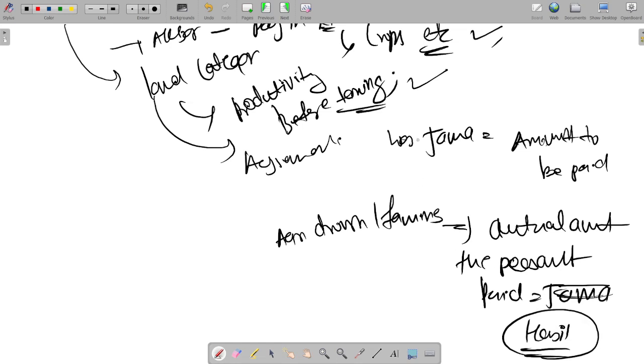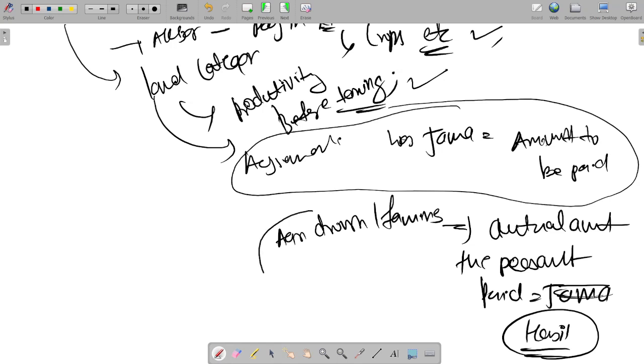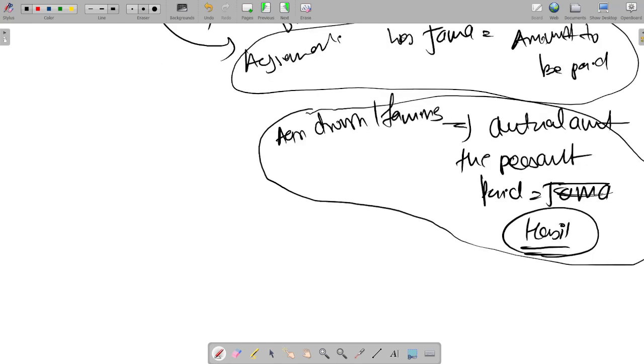The Jama is the original assessment, and Hasil is the collection which is real. This existed on paper and this is real, that is the revenue actually got.